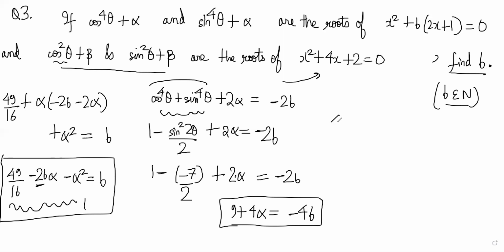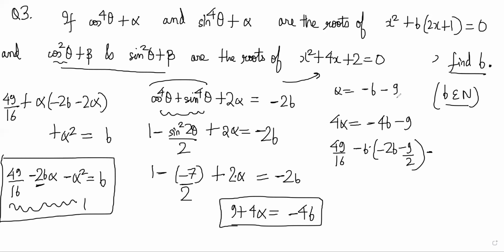4 alpha is minus 4b minus 9. 49 by 16 minus b into 2 alpha, which is minus 2b minus 9 by 2, minus alpha square, where alpha is minus b minus 9 by 4.